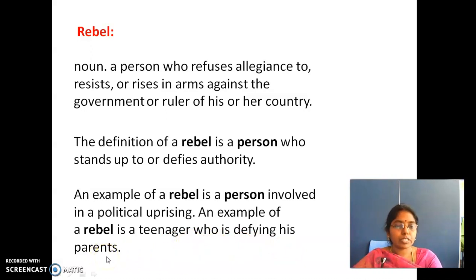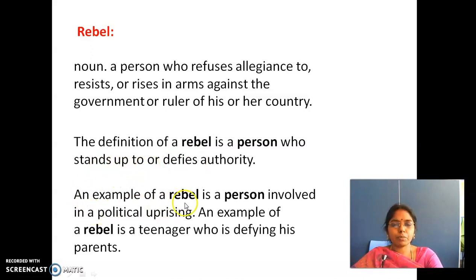Even now, if you didn't understand, you can guess what defies is, right? Any guesses? Fantastic. It was against. Now read the definition. A rebel is a person who stands up to or against authority.